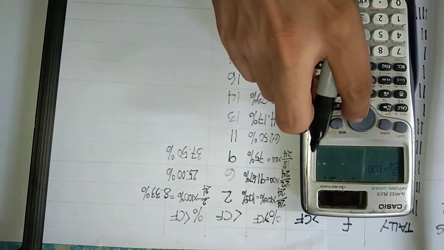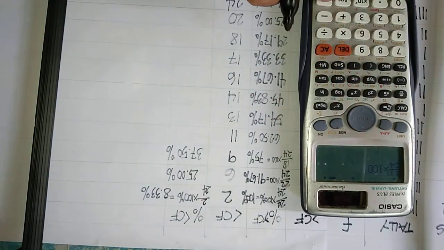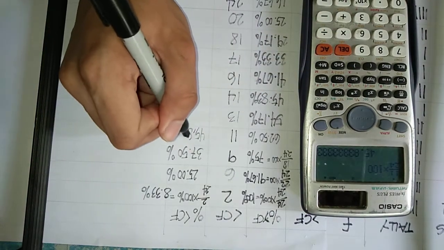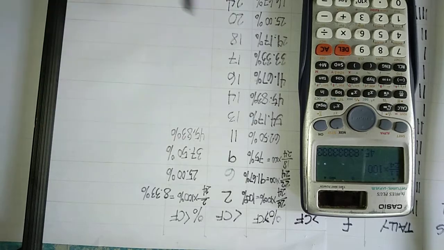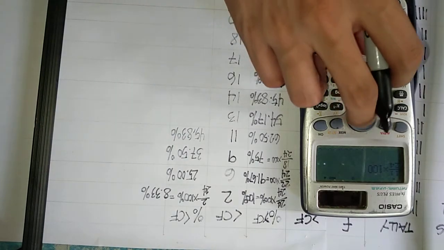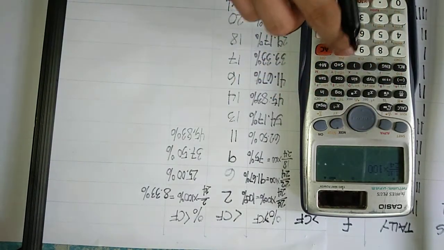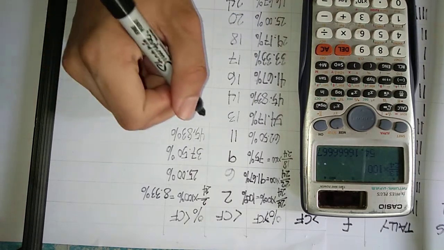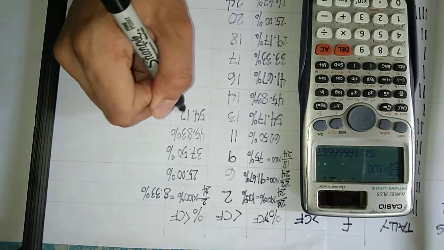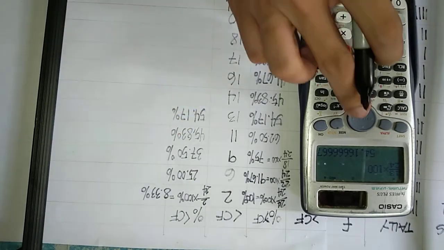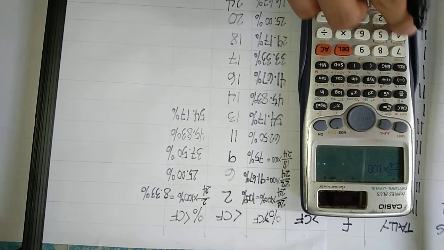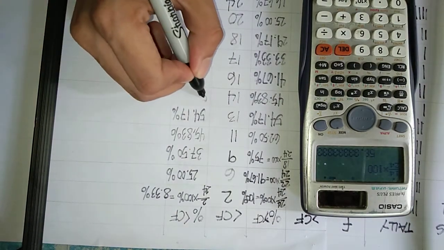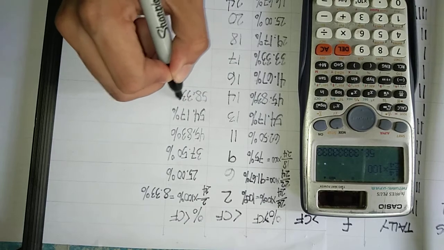For our 11, we have 11 divide 24 times 100, we have 45.83%. Okay, sa 13 naman, we have 13 divide 24 times 100 is equal to 54.17%. And for our 14, we have 14 divide 24 times 100, that is equal to 58.33%.